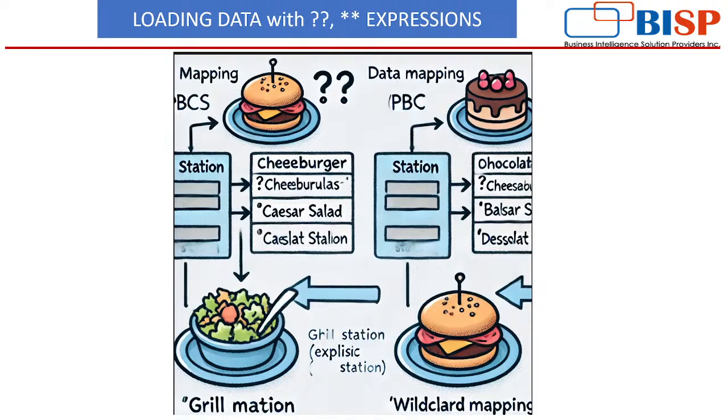This is a visual representation of the analogy I am describing so that you understand the expression mapping. Now you want specific menu items to go to certain stations.